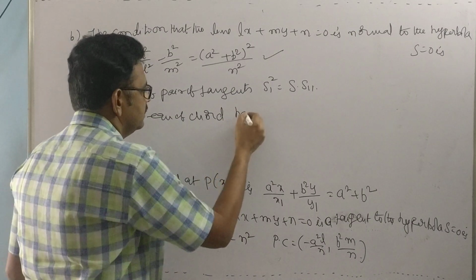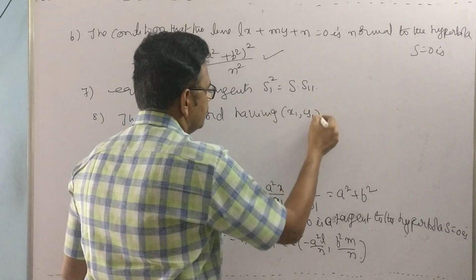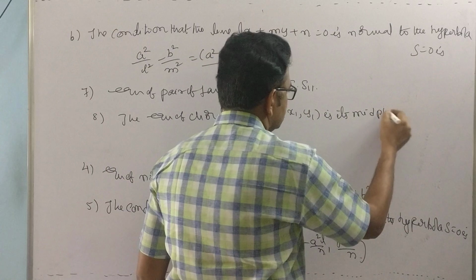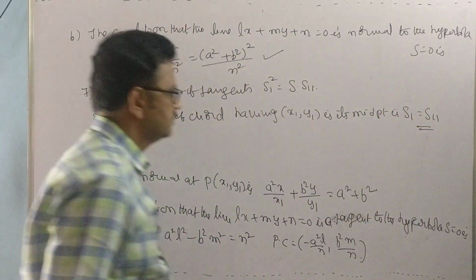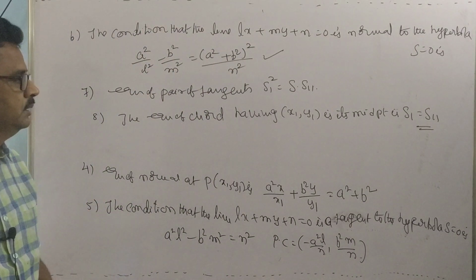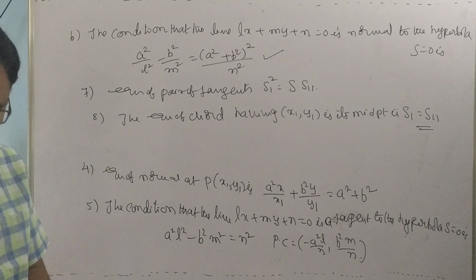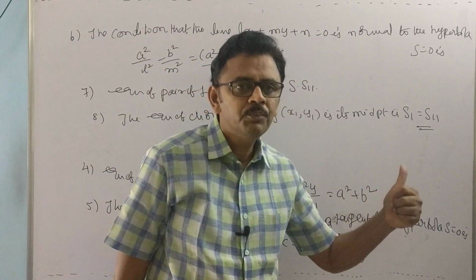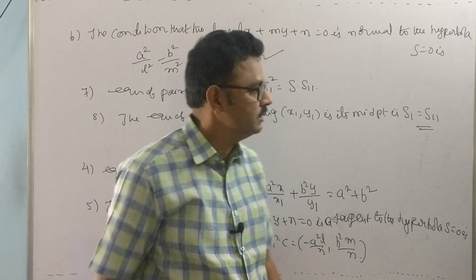Equation of chord having x1 comma y1 as its midpoint is S1 is equal to S11. And also the product of perpendiculars from foci to any tangent is b square.